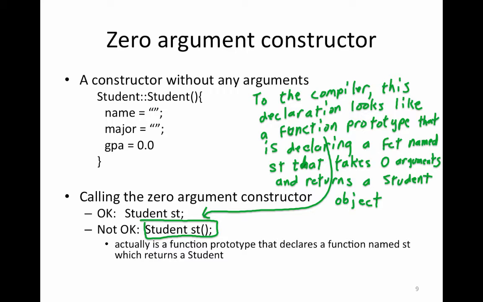That's a function prototype. So it doesn't do what you want. Therefore, you have to use that way of declaring a variable when you're invoking the 0 argument constructor. Okay? Any questions about that?